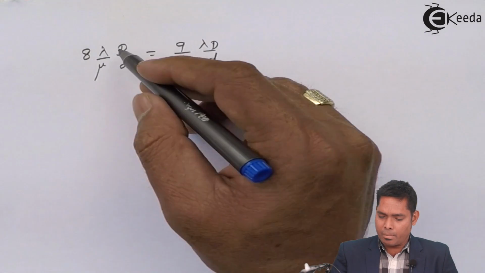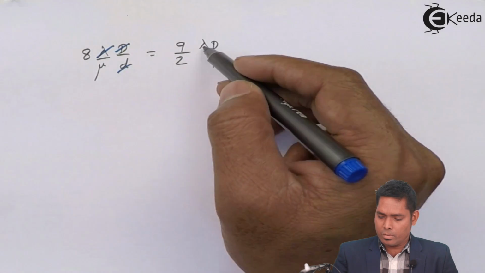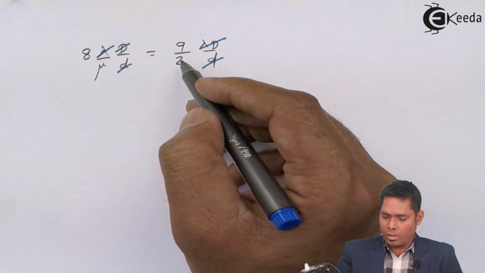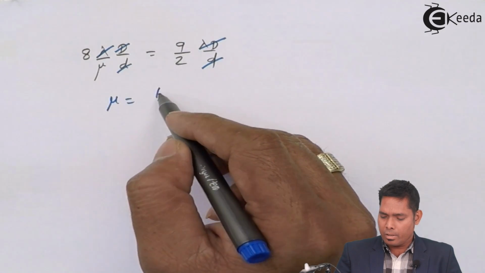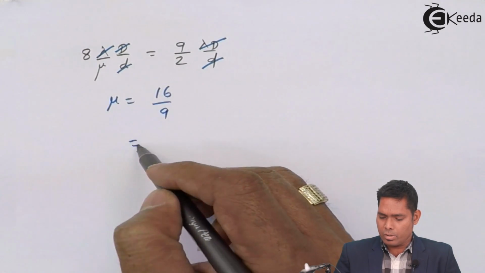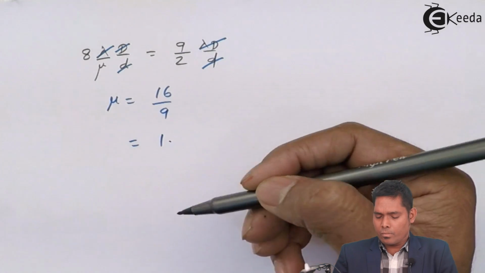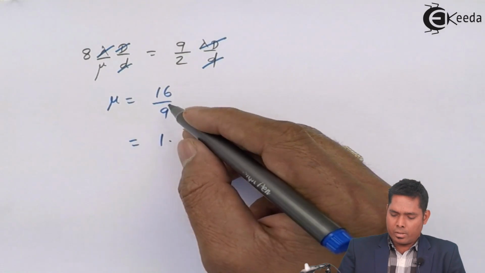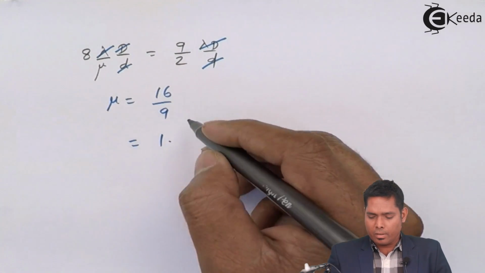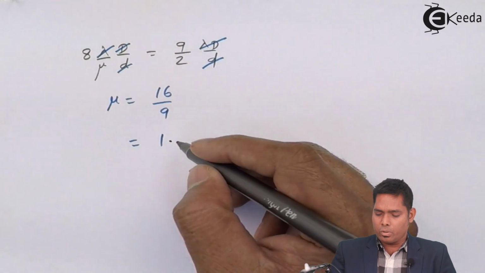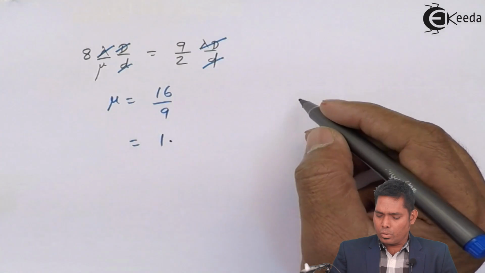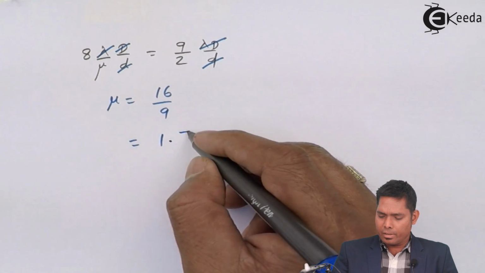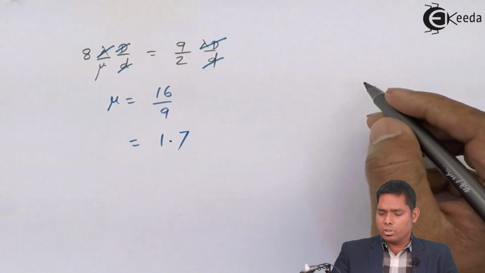Lambda D over d and lambda D over d will cancel out, and mu will be 16 over 9. 9 into 1 is 9, and then 7 is left. 7 put 0, so it is 70. So 70 means 9 sevens are 63.